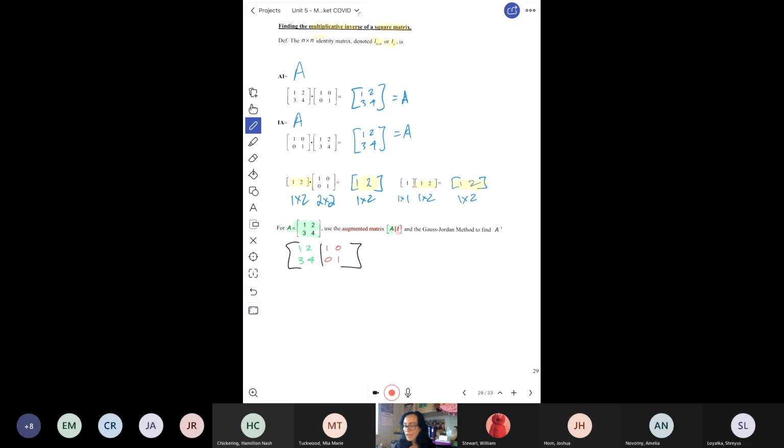Okay, so guess what you're going to do? If I'm starting with matrix A, augmented with matrix I, and I perform row operations, I will end up with the identity on the left, right?